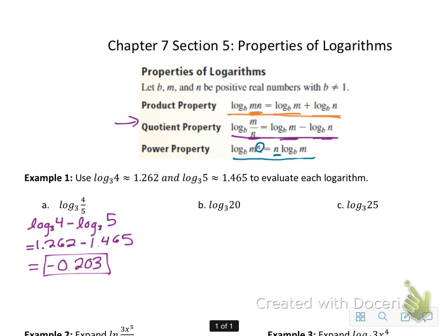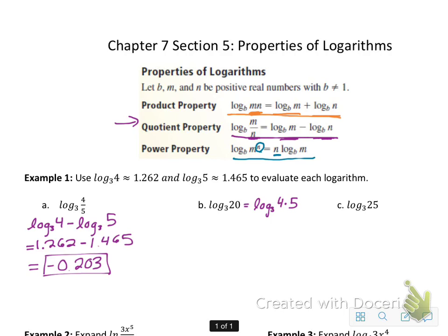Let's do that again. Log base 3 of 20. How can we make 20 out of 4 and 5? That's what you need to think. Well, you can make 20 out of 4 and 5 by doing log base 3 of 4 times 5. Okay, multiplication makes 20.